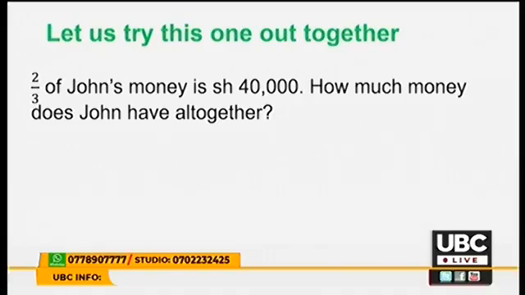How much money does John have all together? Now this time it is a fraction. You remember in our review you dealt with fractions. So we've got 2/3 of John's money.